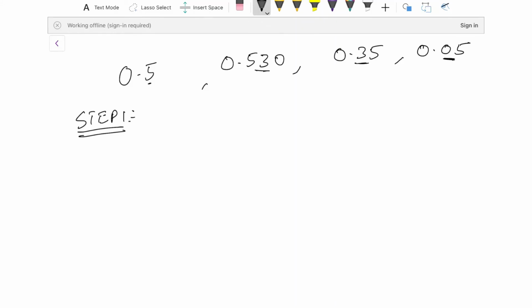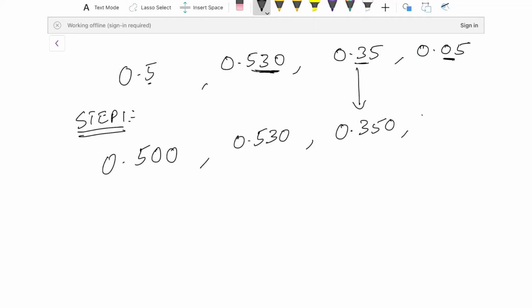So we need to change it into like decimals. So how do we do that? Let's change everything into 3 decimal places. So 0.500, 0.530, 0.350, and 0.050. This is your step 1, to change it into like decimals.